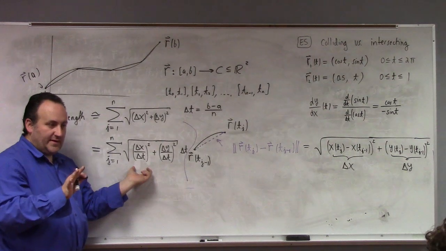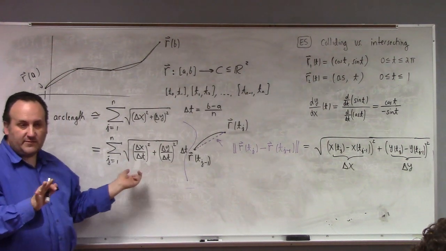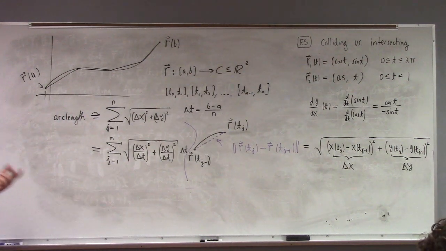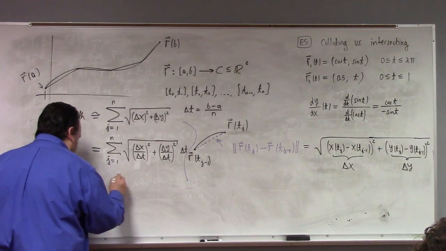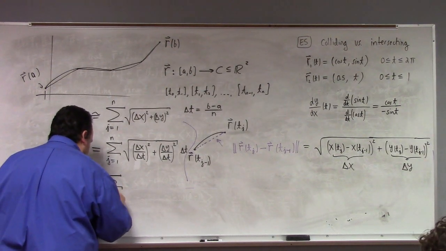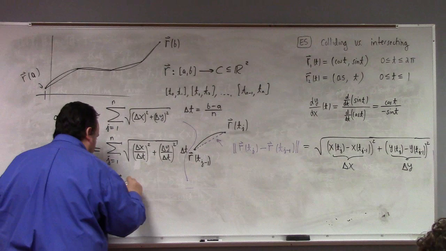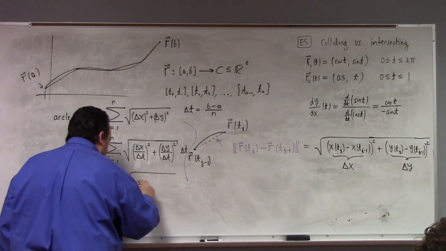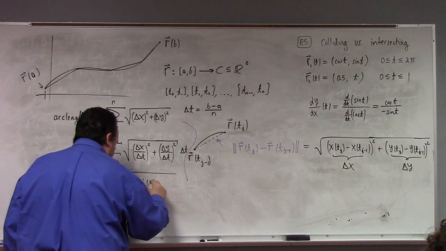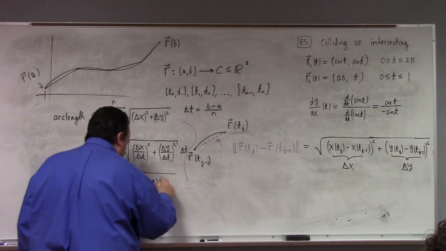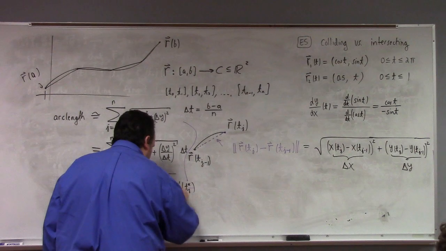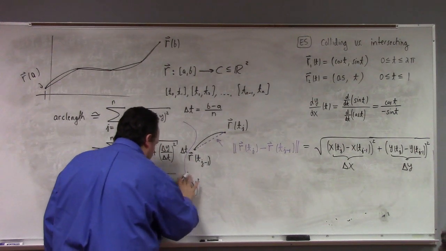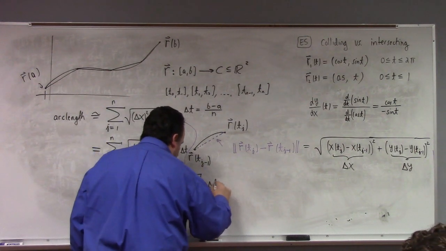To be more systematic, we can apply the mean value theorem on each subinterval to choose a specific time increment. This is equal to the sum, j equals 1 to n, of the square root of x prime of t_j star squared plus y prime of t_j star squared, times delta t.